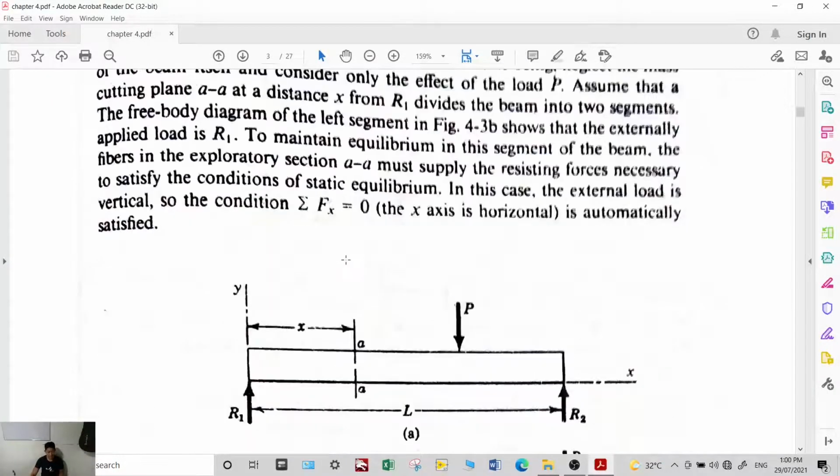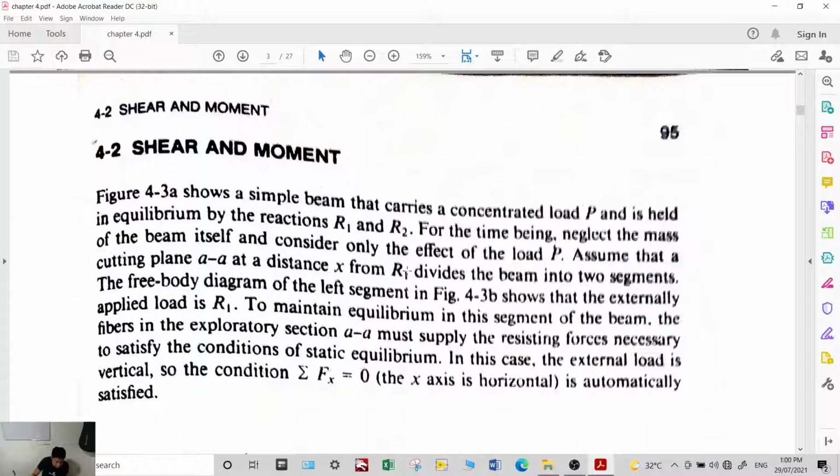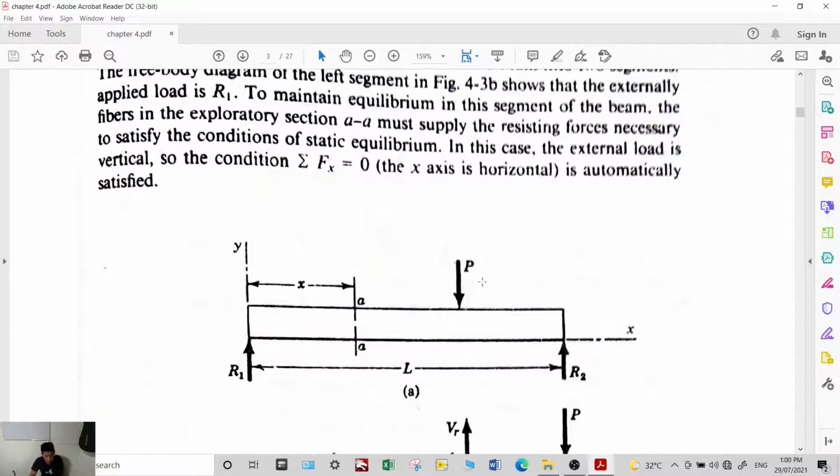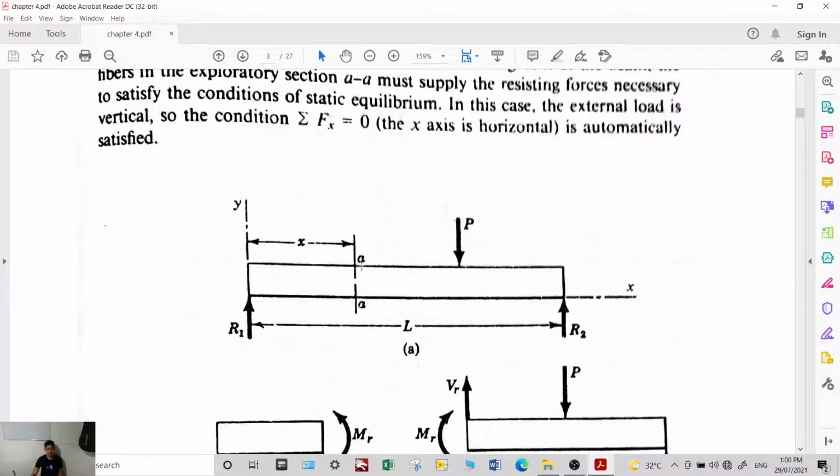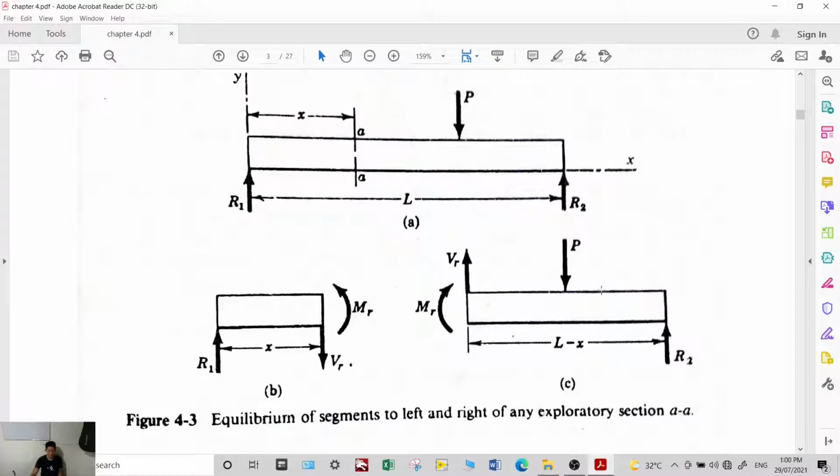Okay, let's proceed with the shear and moment. We have here a beam. If we pass a plane through this section A, we divide it into two sections, the left and the right section.